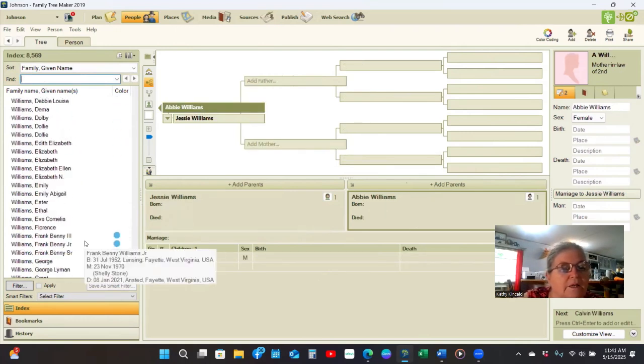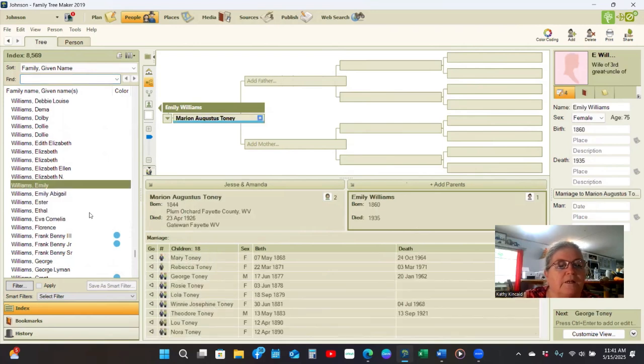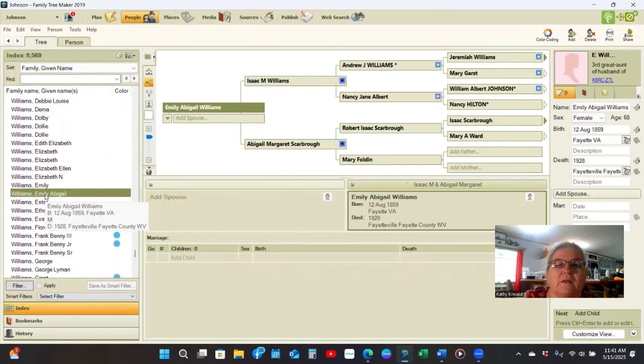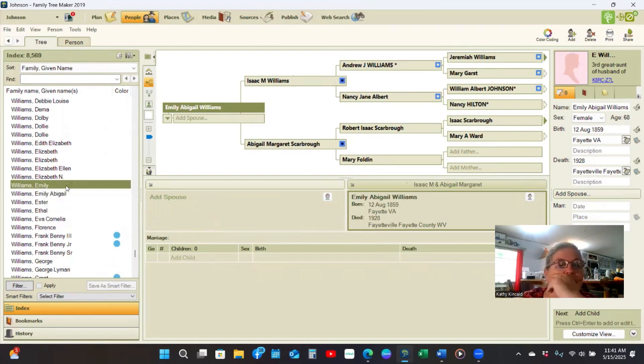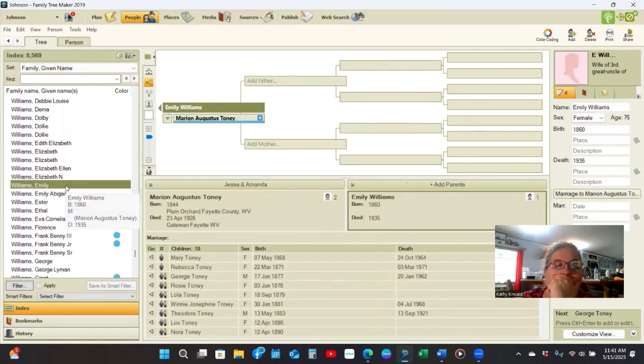We got it down to Williams. Emily. Okay, let's see. We got two Emilys. All right. So it tells me, oh, it doesn't tell me who her parents are. Okay. So we're just going to have to run with the thing.